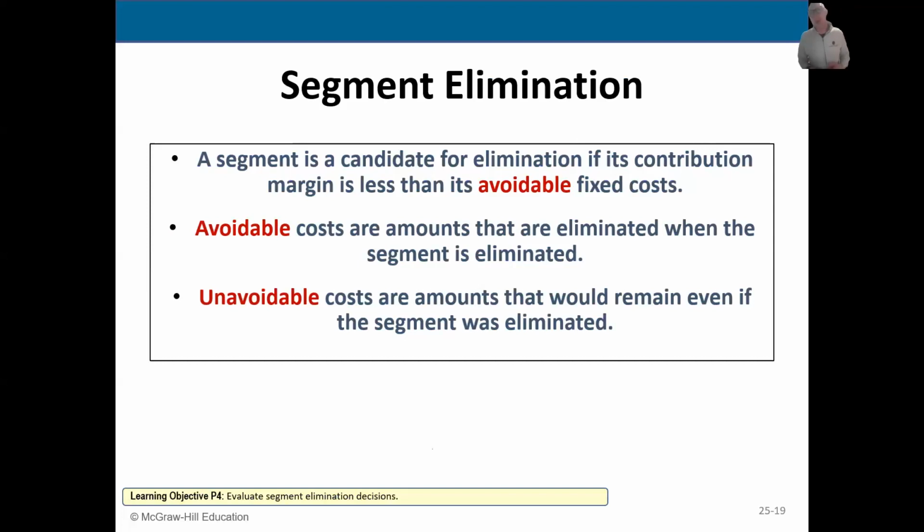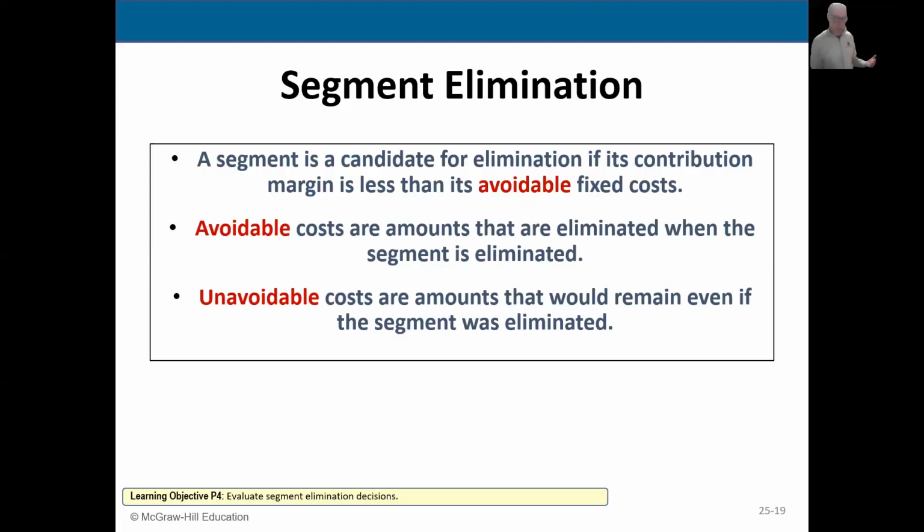And we try to decide, hey, if one of these segments is losing us money, we might want to eliminate it. Get it out, stop selling it. It's losing money. So a segment can be a candidate for elimination if the contribution margin is less than its avoidable fixed cost.